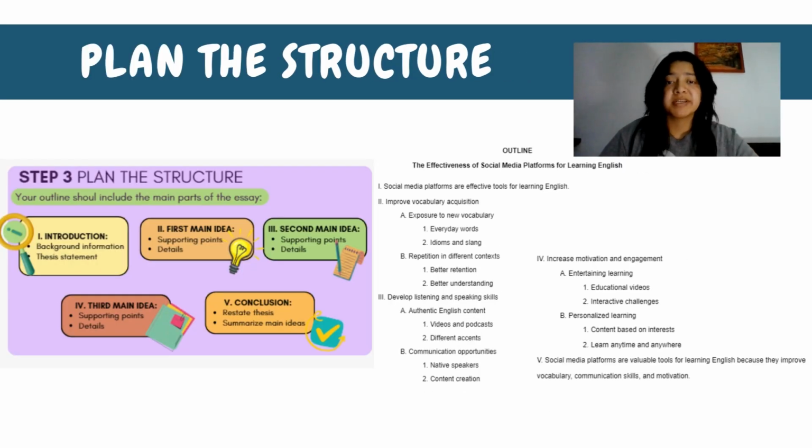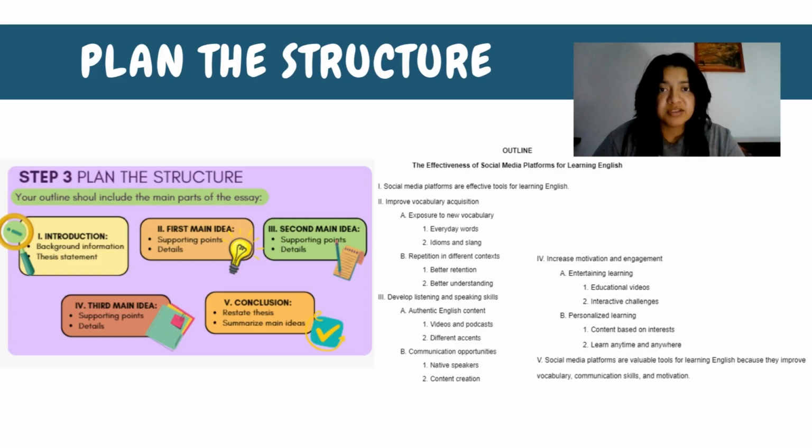The third step in our infographic is planning the structure of the outline. This step focuses on organizing the essay before writing it. Instead of writing full paragraphs, we first decide how the information will be arranged.